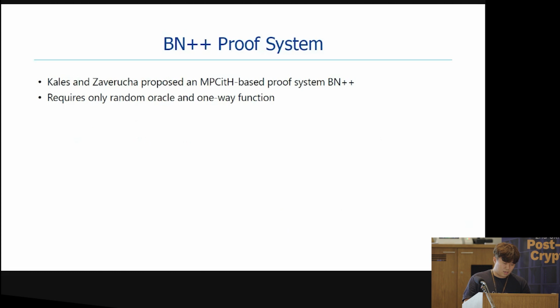The BN++ proof system was proposed by Kales and Zaverucha, and the security of BN++ is based on the one-wayness of a one-way function in the random oracle model.